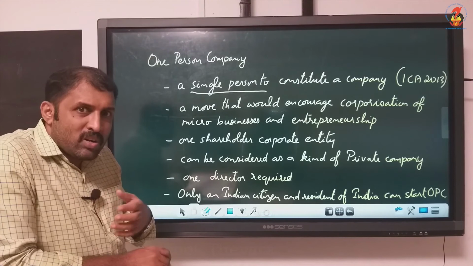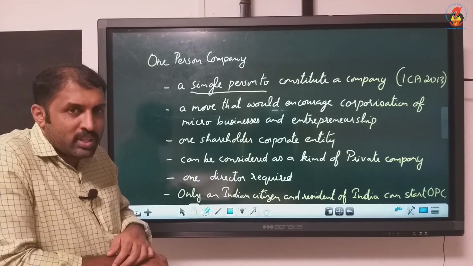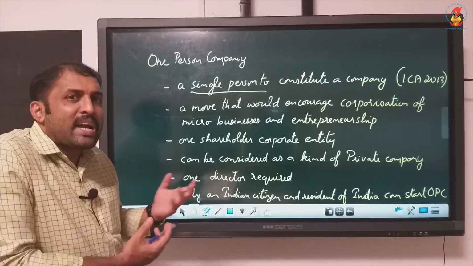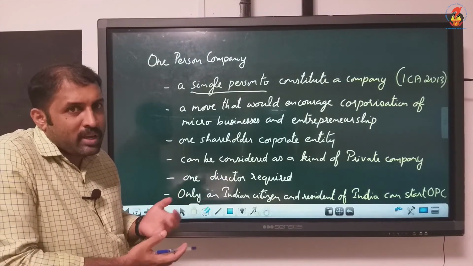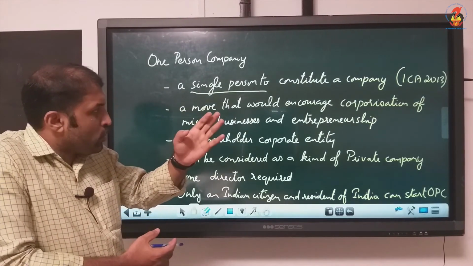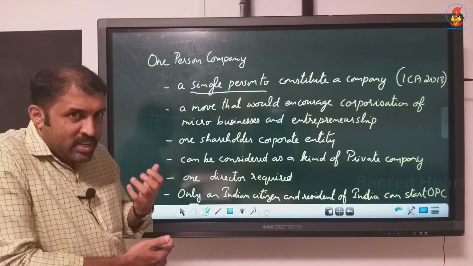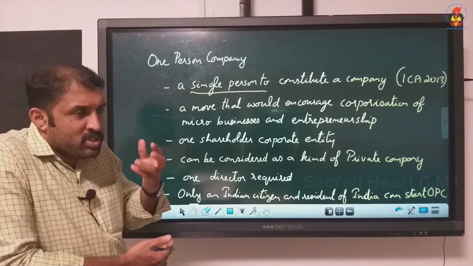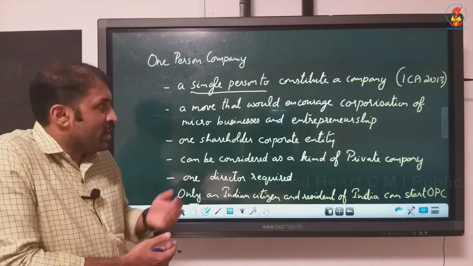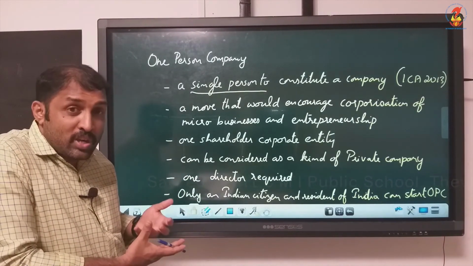As it is not transferring shares to others, and only one person will be holding the shares, it can be considered a kind of private company. And this is to encourage the corporatization of micro business, that means very small businesses, to enter the business realm, and to make sure that those who are coming up with new ventures come forward.